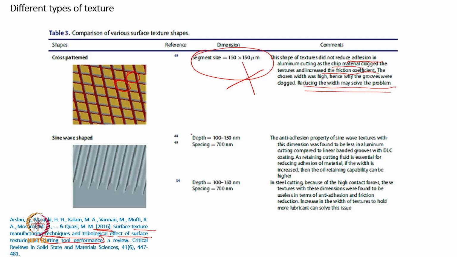Another one, now coming to depth 100 to 150 nanometer, spacing 700 nanometer. In this case again, this sine wave shape has been shown, something like this.